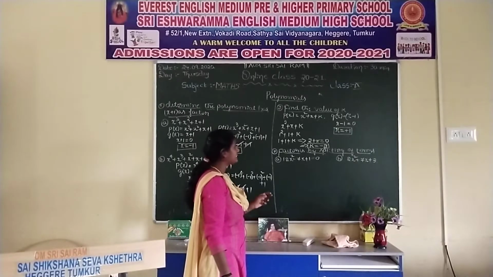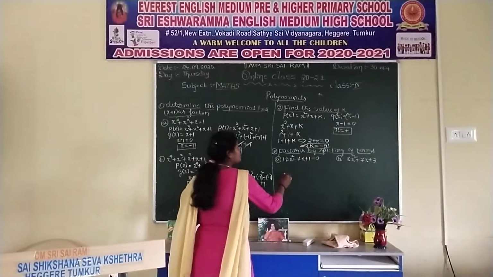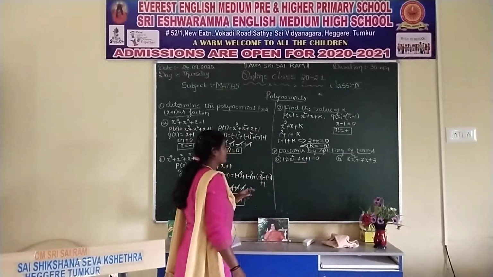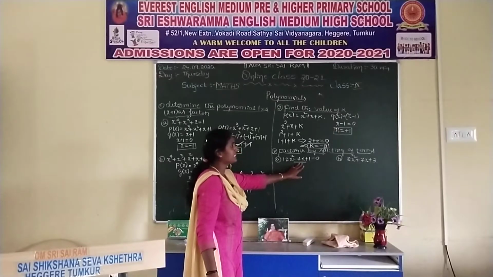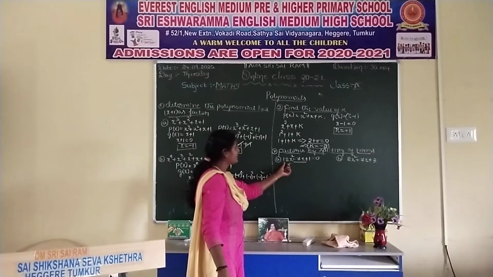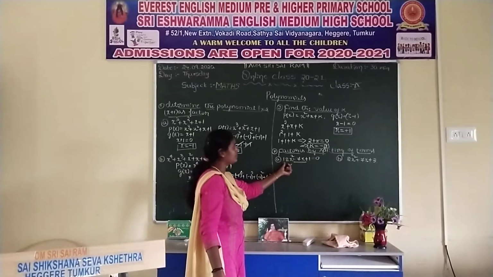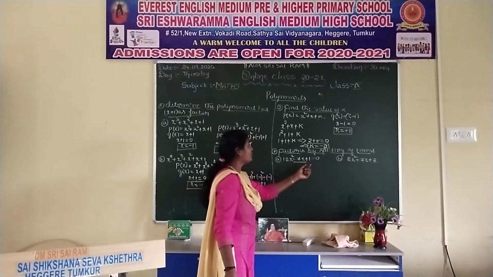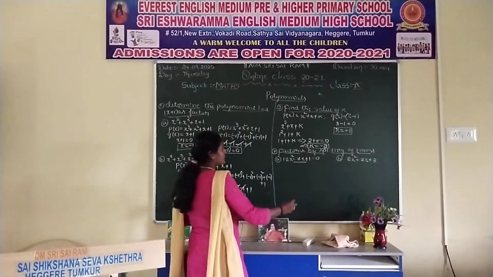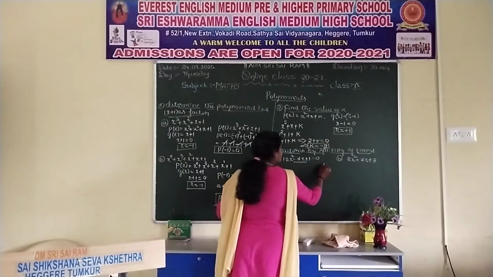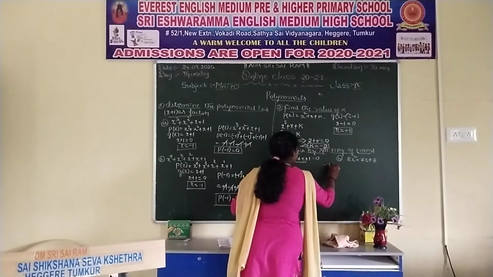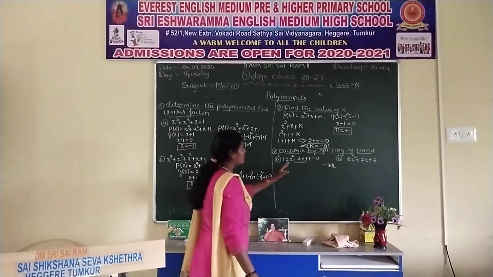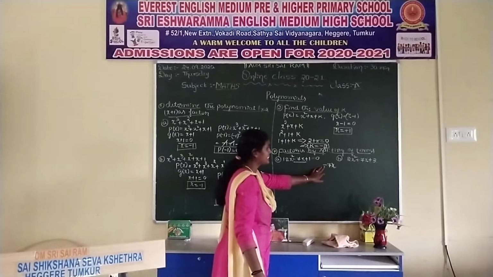While factorizing a polynomial, first you split the middle term. From this expression, 12x square is the first term, minus 7x is the middle term, and the last term is plus 1. The middle term is minus 7x. You write it on one side along with the sign.